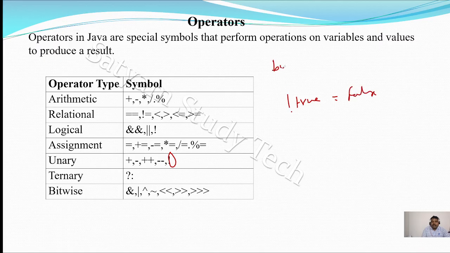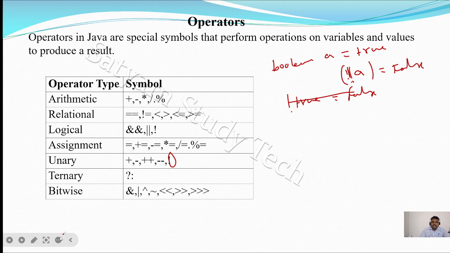For example, I declared boolean A equal to true. If you print tilde A, what is the value? Not A, that means it is false, right? It prints false.